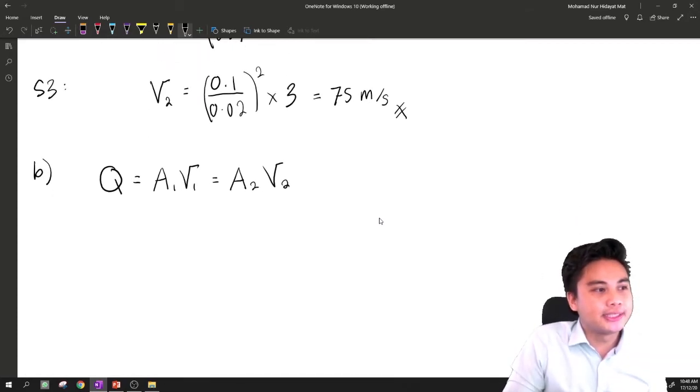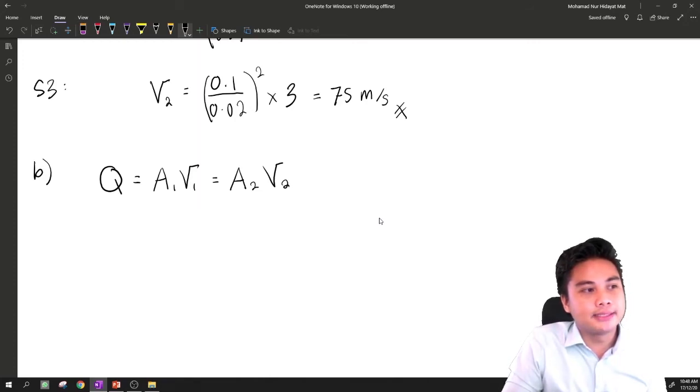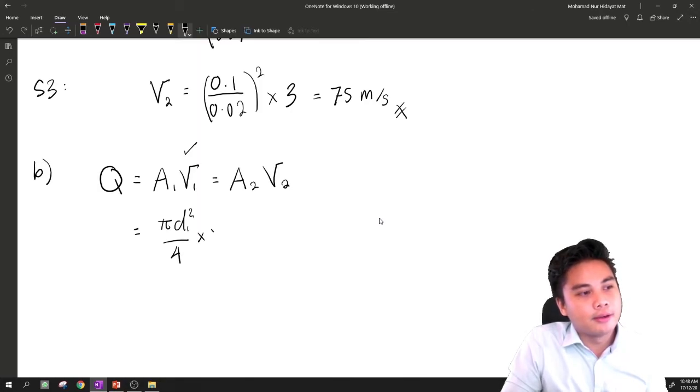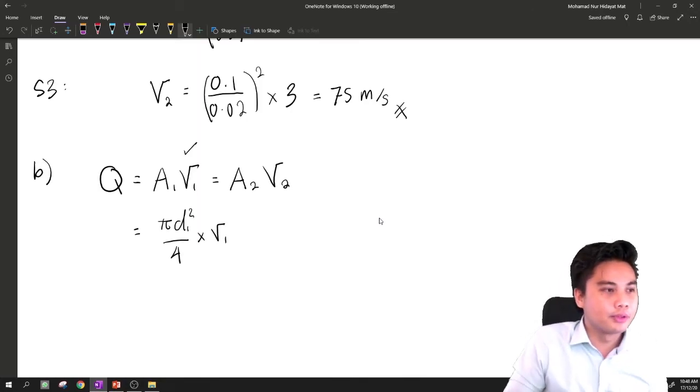So let's use the first point, area 1, V1. Just substitute the area, which is pi d1 squared over 4, multiplied with velocity 1.